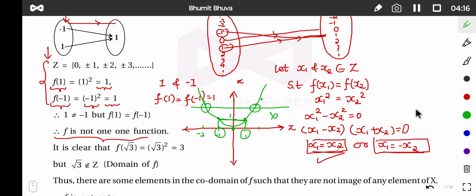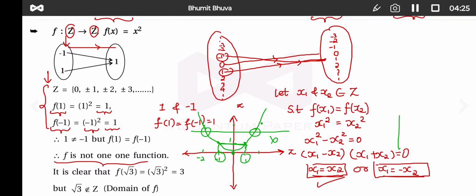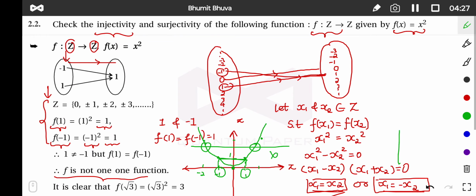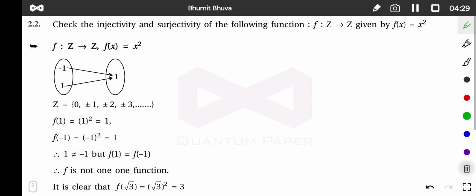Now let's check onto. This function is not onto also, because if we look at the range of this function and the codomain: the domain is all the integers 0, 1, 2, 3 and so on, negative numbers also.